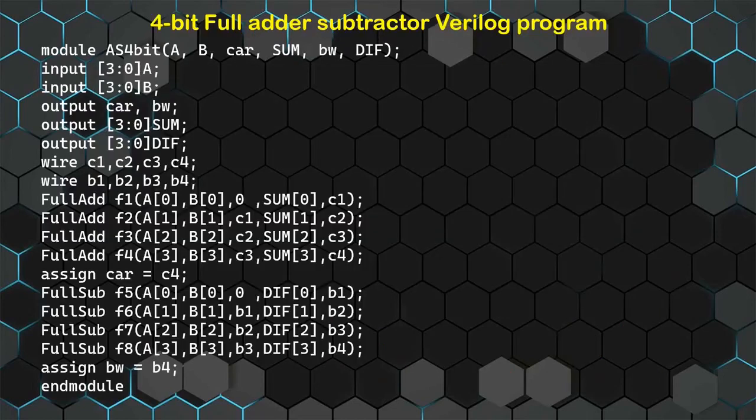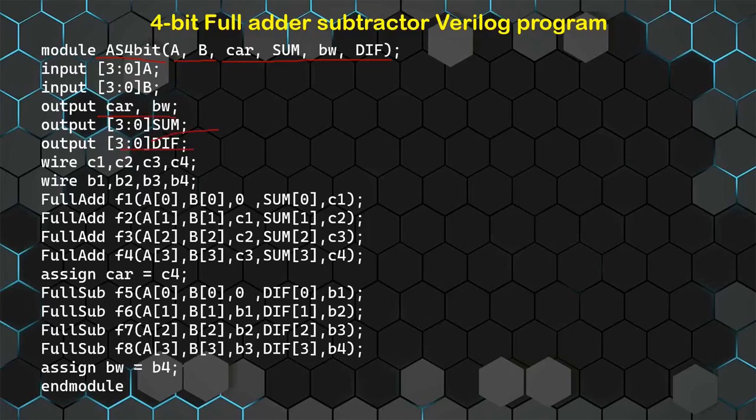Okay, and this is Verilog program for full adder subtractor. Adder subtractor 4-bit. Inputs are A, B. Outputs are carry out, borrow, sum, and difference.